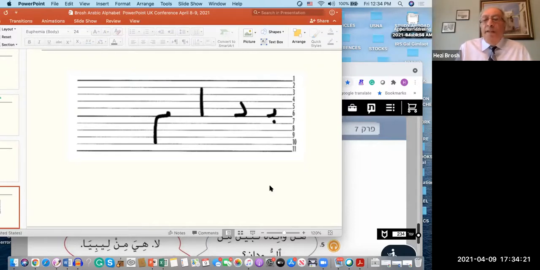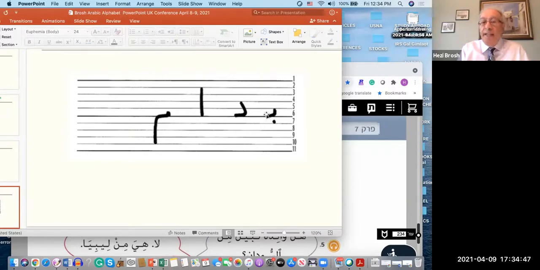One more thing that teachers really do not tell the students about the writing system is that when you write a letter, you go to the point where the next letter starts. Let's say after the ba, I want to write dal. So I have to go to line 4, to this point where the dal starts.